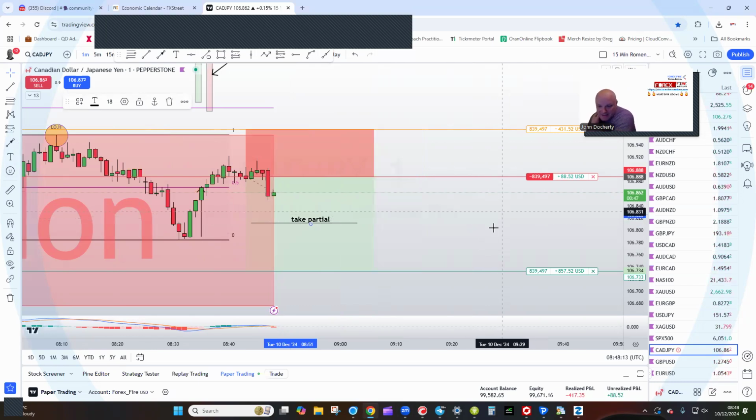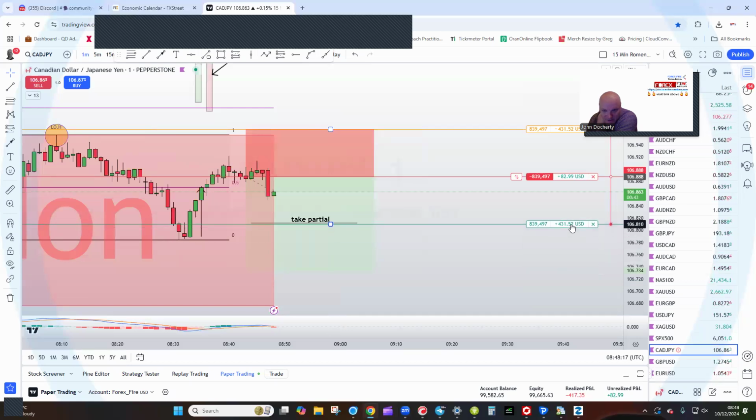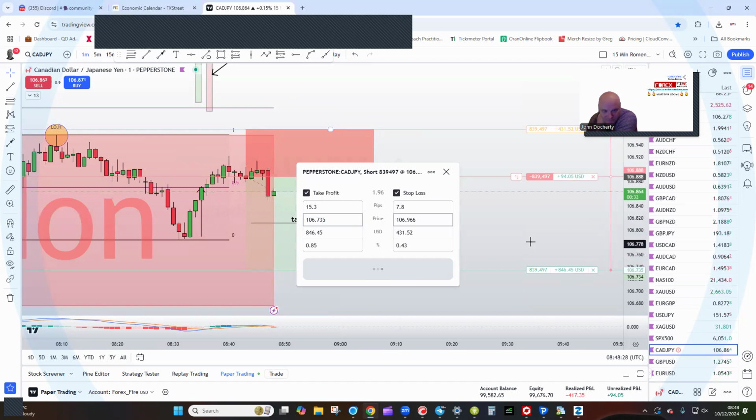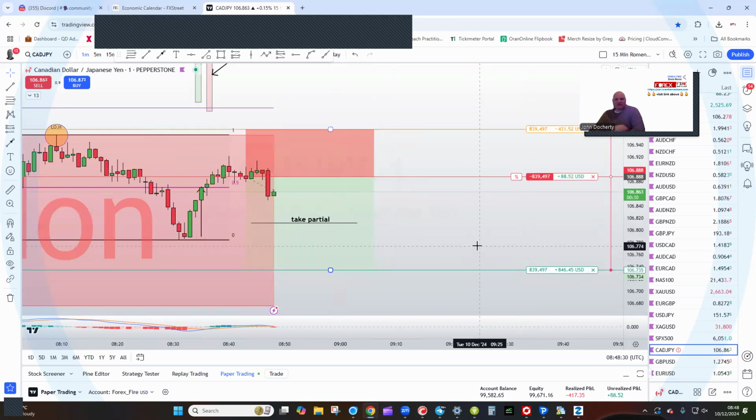And I would like to come down towards this 400 area, because again, the 400 there is what would take us back into break-even profits, to be fair. So if I can come down to that take partial area, maybe take 3/4 of the trade off, to be honest. We'll just keep an eye on this stuff.